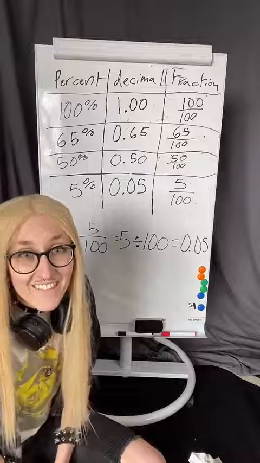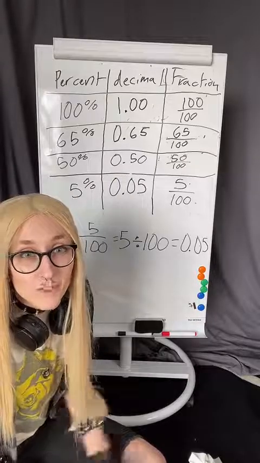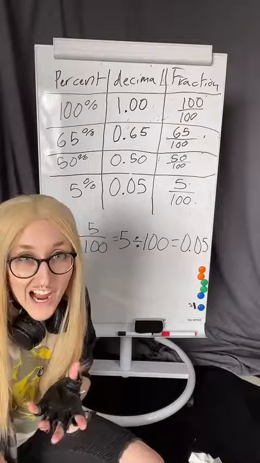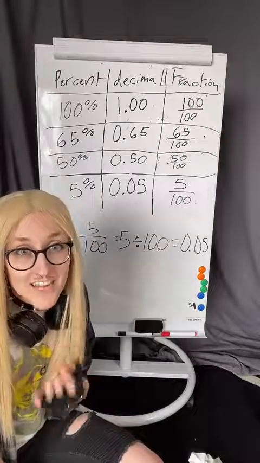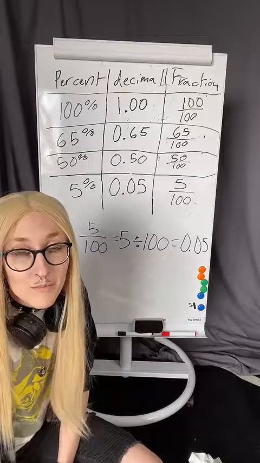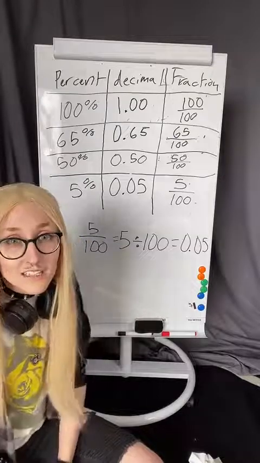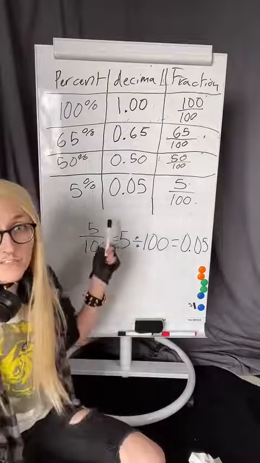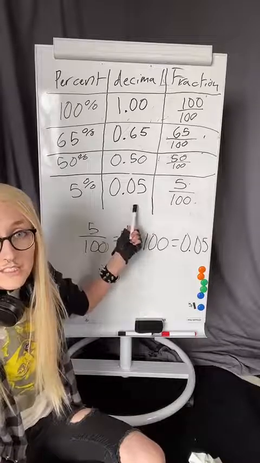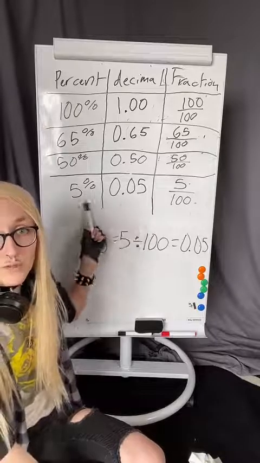All right. So I'm going to try some things where I give you the fraction and then we find the decimal and the percent, okay? Because if we have the fraction over 100, it's really easy to see what the decimal will be and what the percent will be.